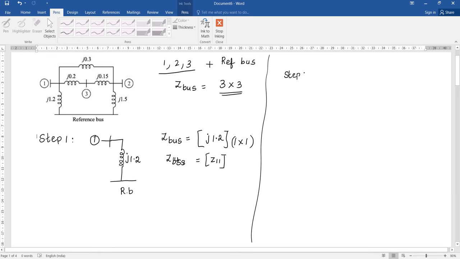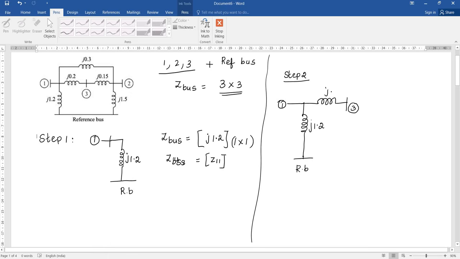So in step number 2, we already have one bus that is connected to the reference bus through one element. The value of the impedance is j1.2. Again, another element is connected to bus 3.